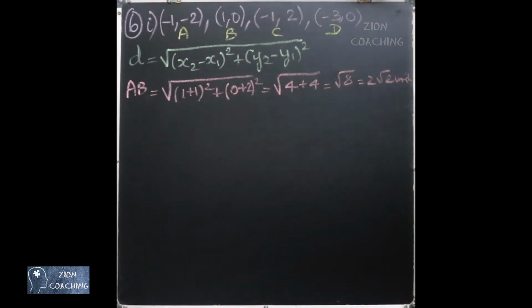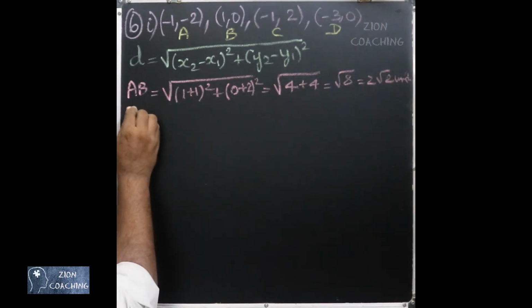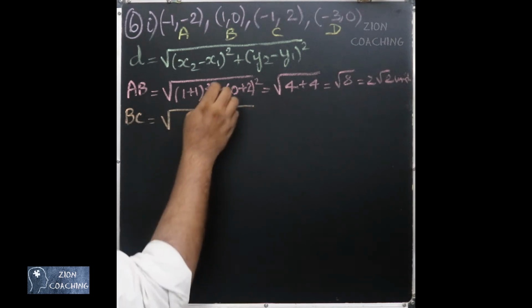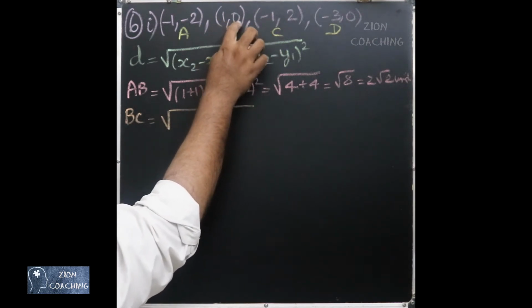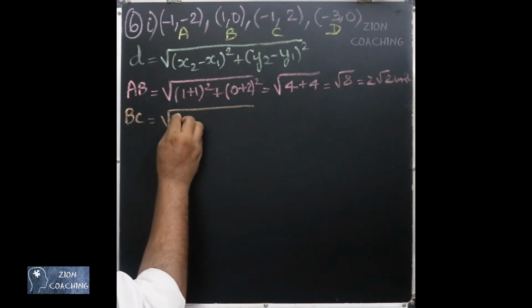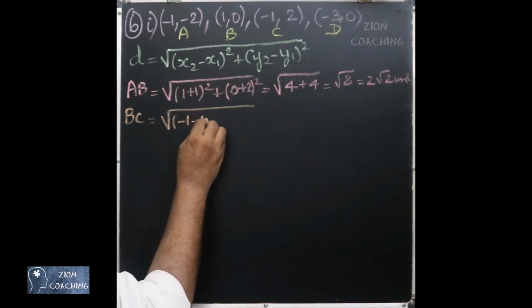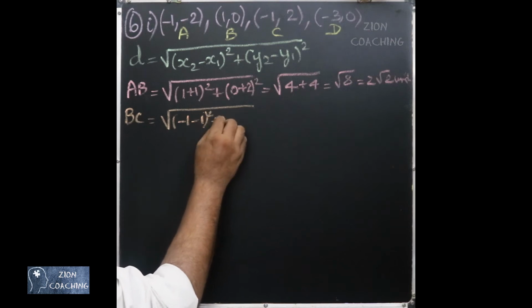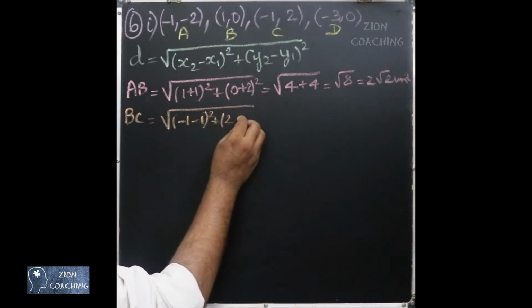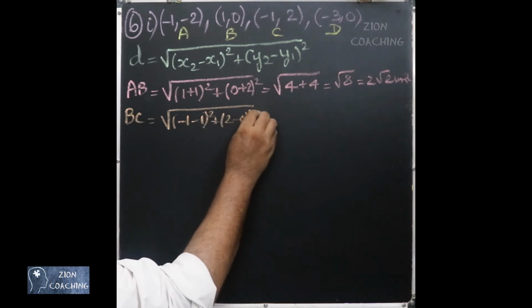Now next we are going to find the distance BC. When you take BC, this is your x1, y1, this is your x2, y2. So we have (minus 1 minus 1) the whole square plus (2 minus 0) the whole square.